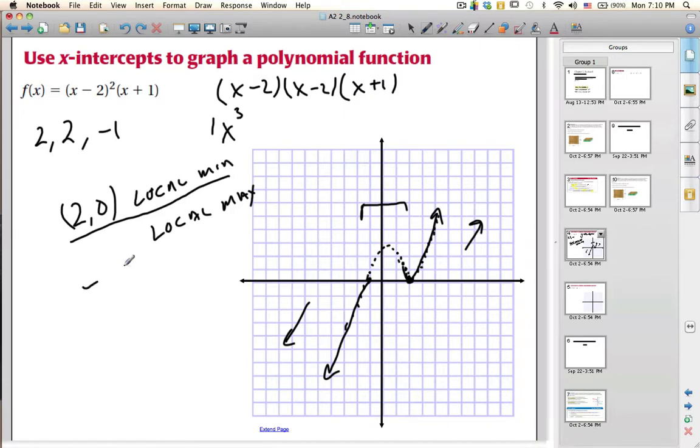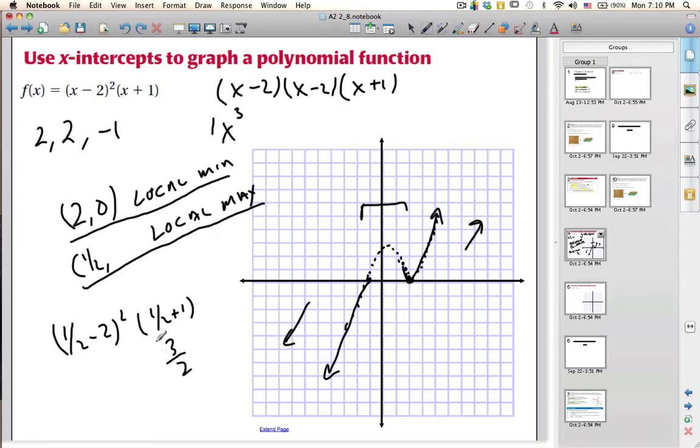And if you're going to be working without a graphing calculator, it would be sufficient for you to find a point halfway between these two solutions. So between 2 and negative 1, that's going to be 1/2. Okay, so if I plug 1/2 into my polynomial, I'll have 1/2 minus 2, the quantity squared, times 1/2 plus 1.